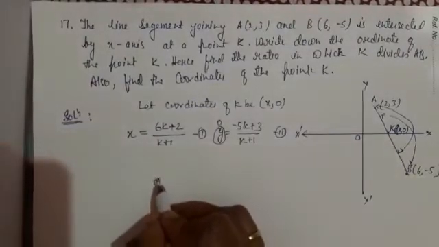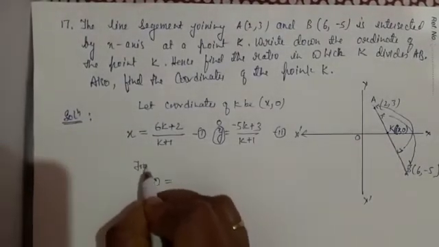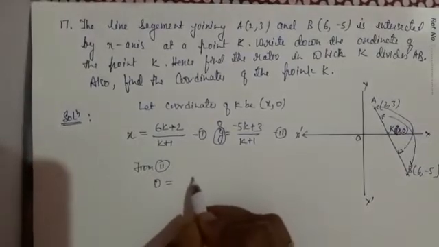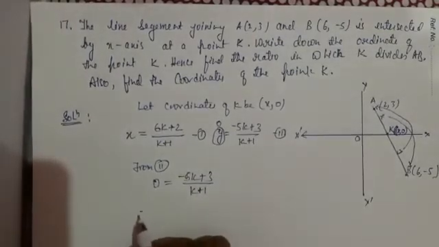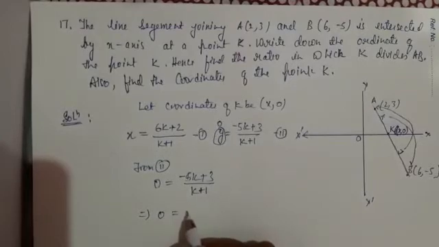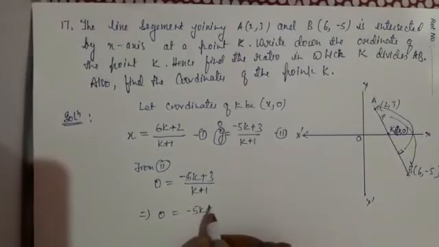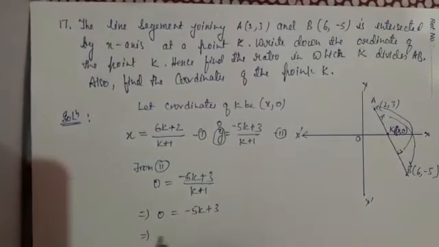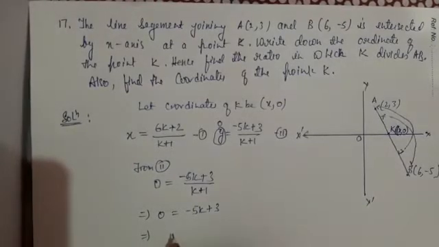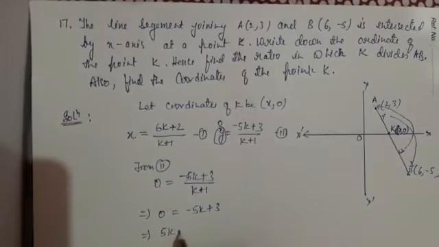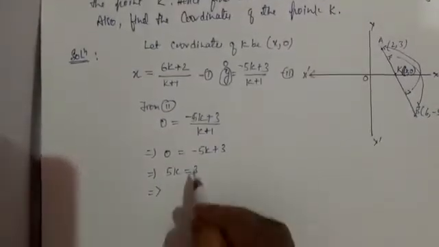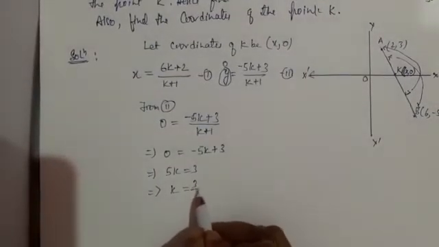So from 2 we have 0 is equal to (minus 5k plus 3) by (k plus 1). That means 0 is equal to minus 5k plus 3. That means 5k is equal to 3. That means k is equal to 3 by 5.